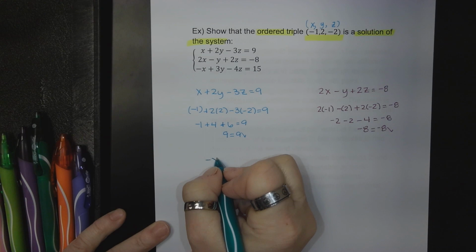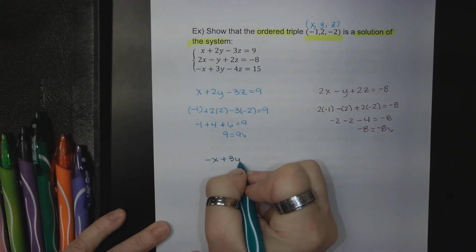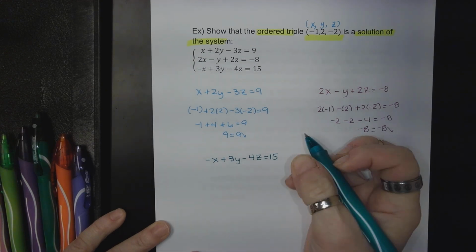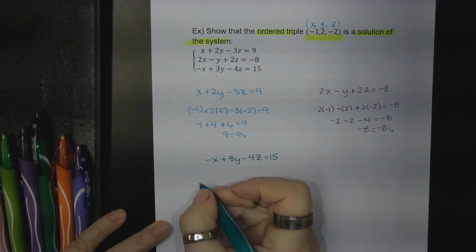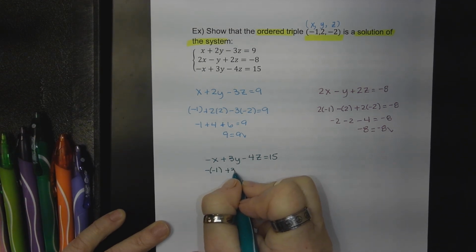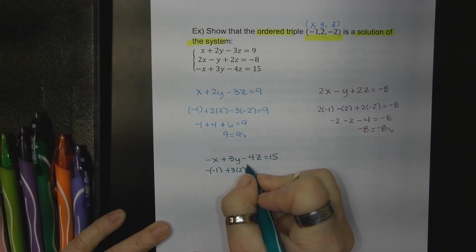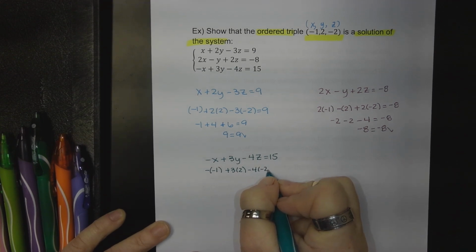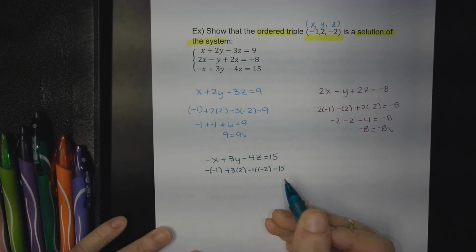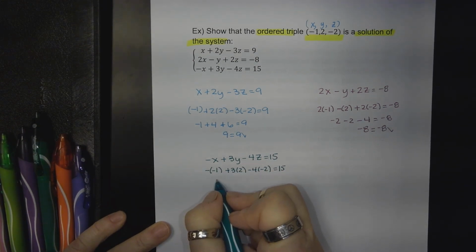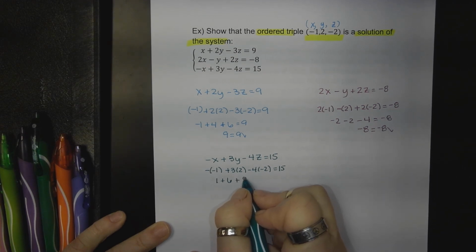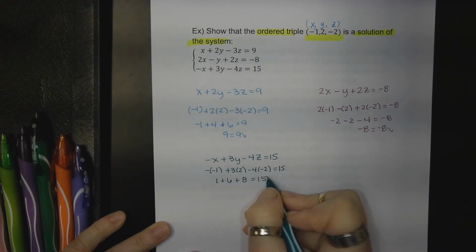So up here now we're going to do the third one. So we have -x plus 3y minus 4z equals 15. Once again, we're going to plug these in. So it's going to give me a -1 plus 3 times 2 minus 4 times a -2. Like before, all of this should equal 15. -1 is a 1 plus 6 plus 8 equals 15.